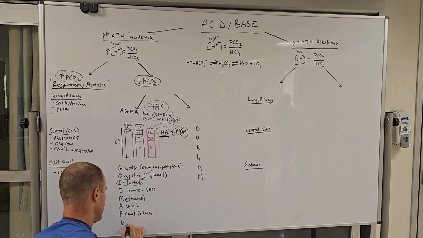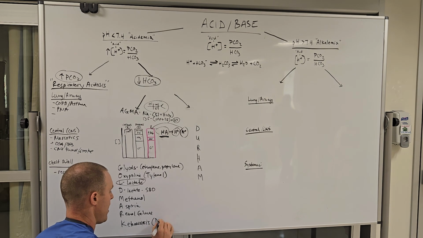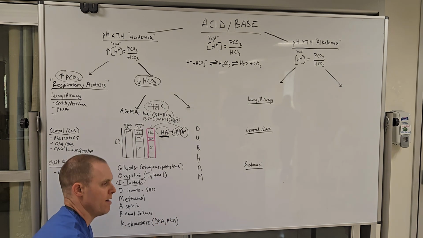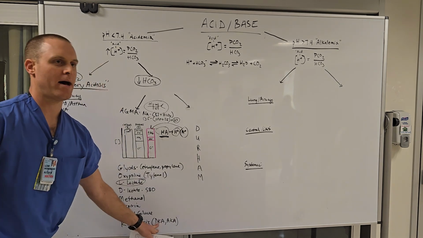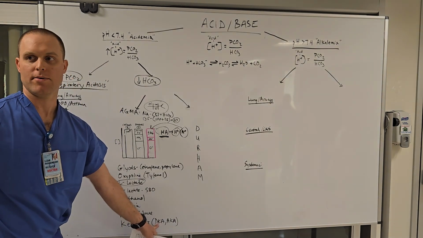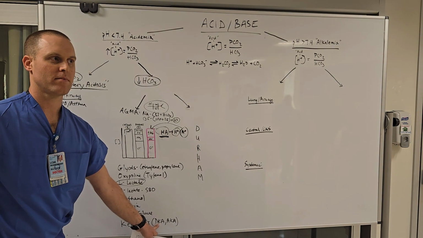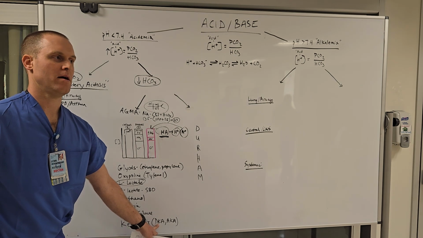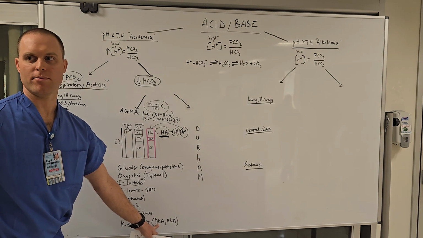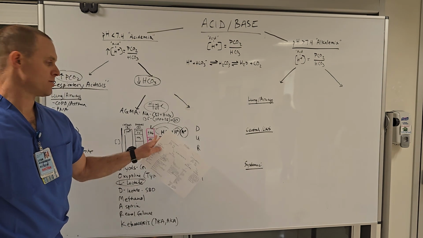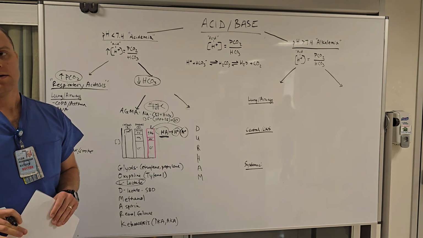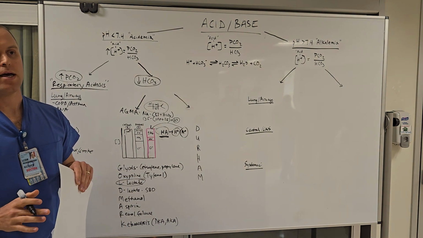And then ketoacidosis, like DKA, alcoholic ketoacidosis. In DKA, beta-hydroxybutyrate is your acid, and acetoacetic acid, that we can test and find in your blood when you're in DKA. So that's what's contributing to that. So that's what we mean when we say an anion gap.